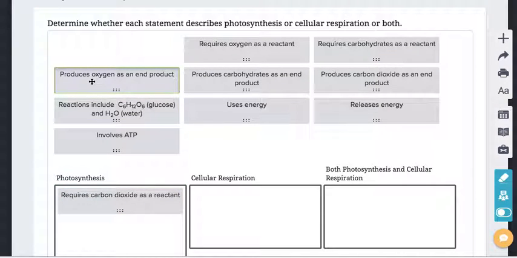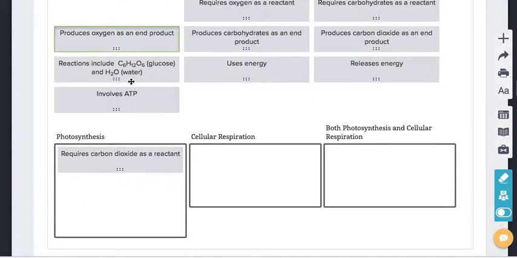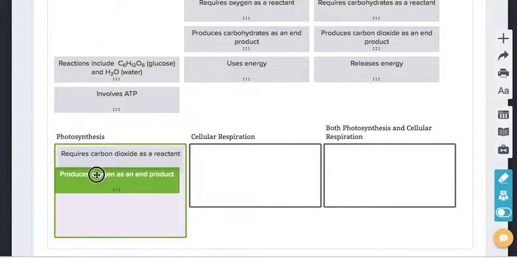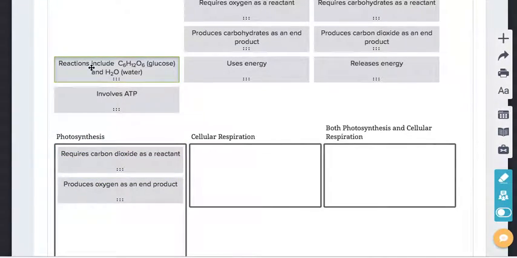Okay, requires or produces oxygen. Who actually produces and makes oxygen? Is that the plants, or is that Carl the cat that is producing oxygen? Carl the cat is not producing oxygen. Carl is using oxygen, so we're going to put this in photosynthesis.